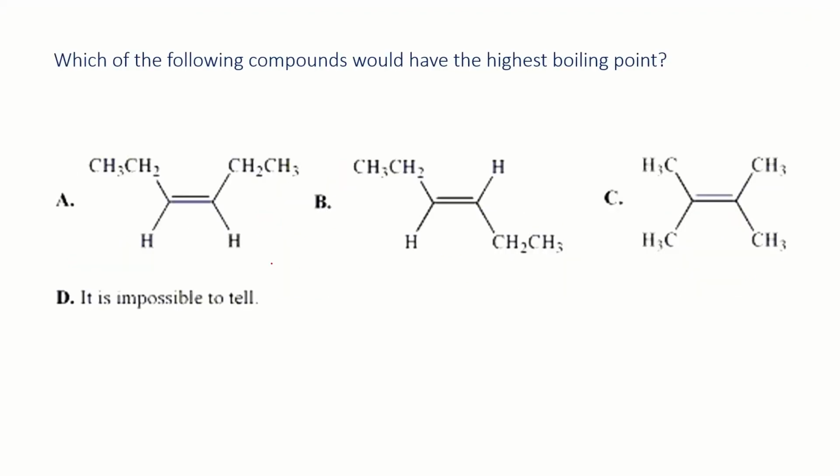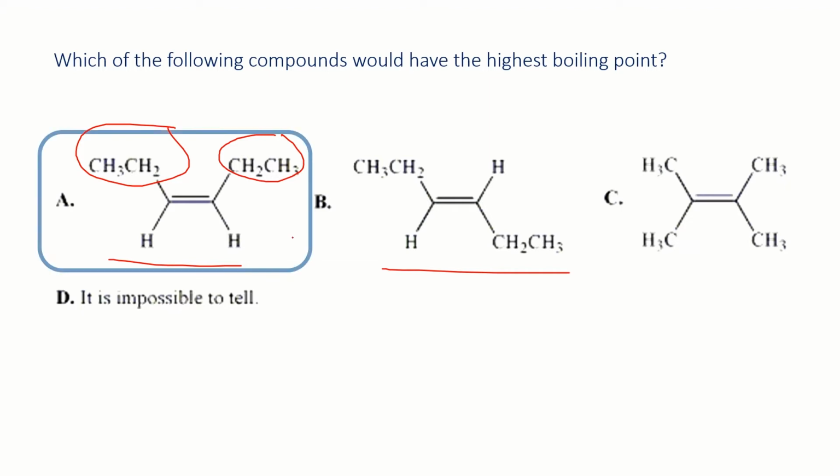So if you note here, for example, this is cis or Z, and this one here is trans, and the cis has the larger dipole moment, and therefore the highest boiling point.